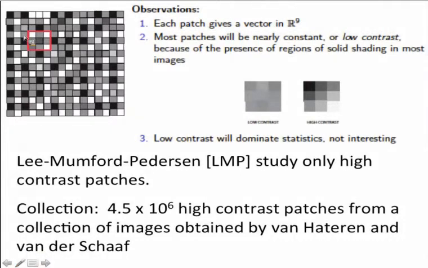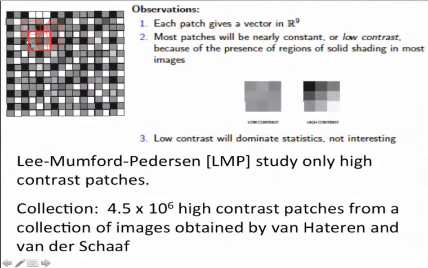So we'll look at, say, this 3 by 3 patch right here. We can also take a look at this 3 by 3 patch right here. We can take a look at all the 3 by 3 patches. Overlapping is just fine, so we'll take a look at many patches.